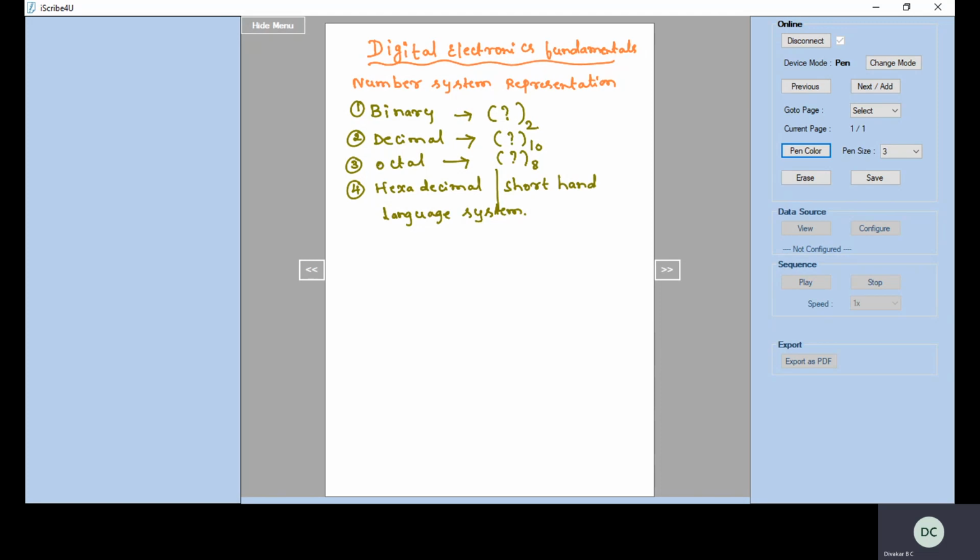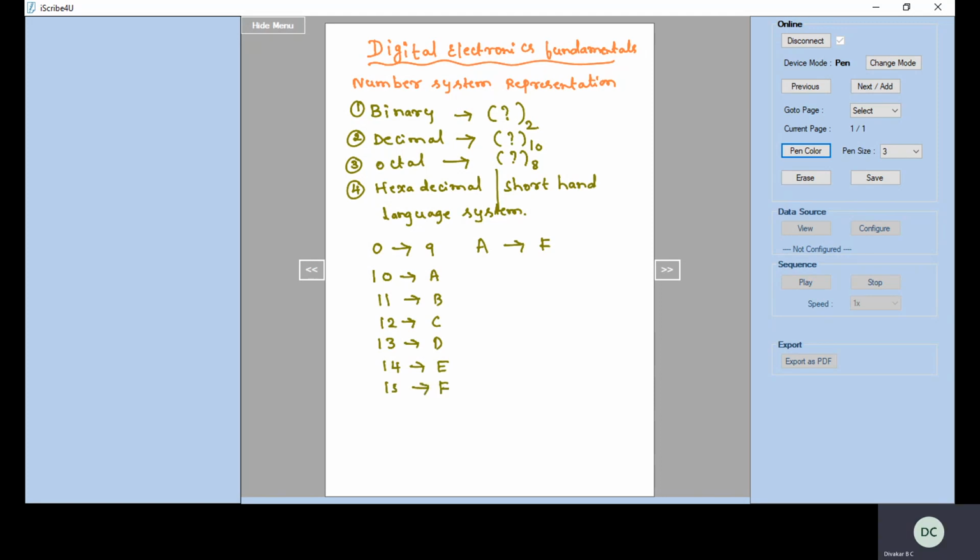And the hexadecimal number system is one in which it accepts the decimal digits 0 to 9 and the alphabets A to F. That is, the decimal number 10 is replaced by A, 11 by B, 12 by C, 13 by D, 14 by E, and 15 by F.